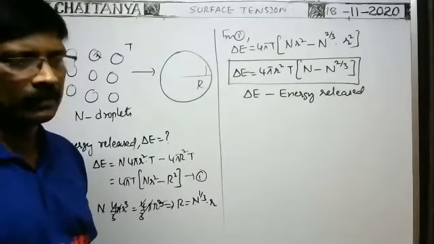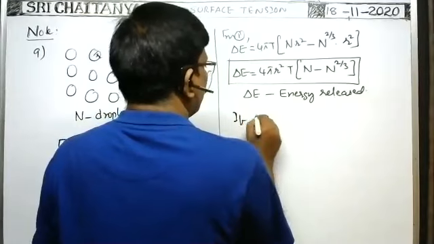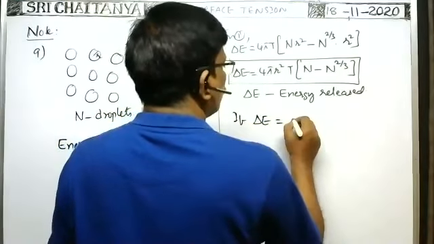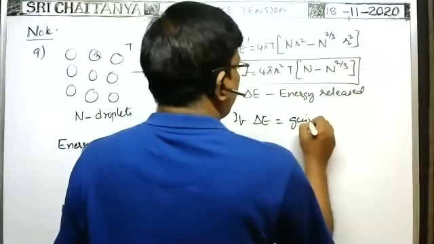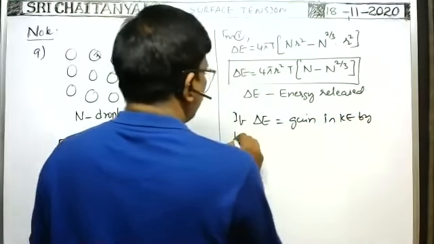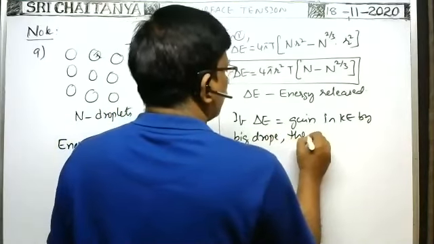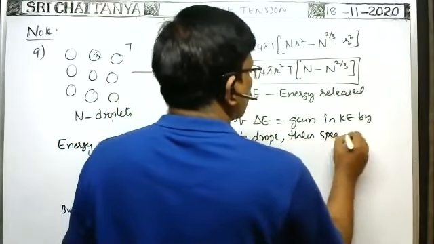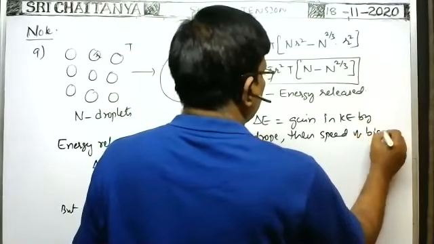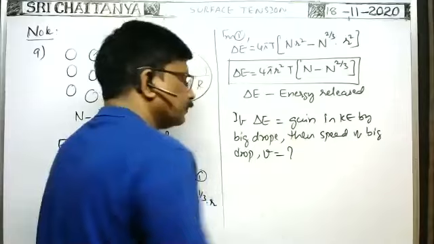In such a way they may ask. So if loss of energy is equal to gain in kinetic energy by the big drop, then speed of the big drop, V is equal to question mark.